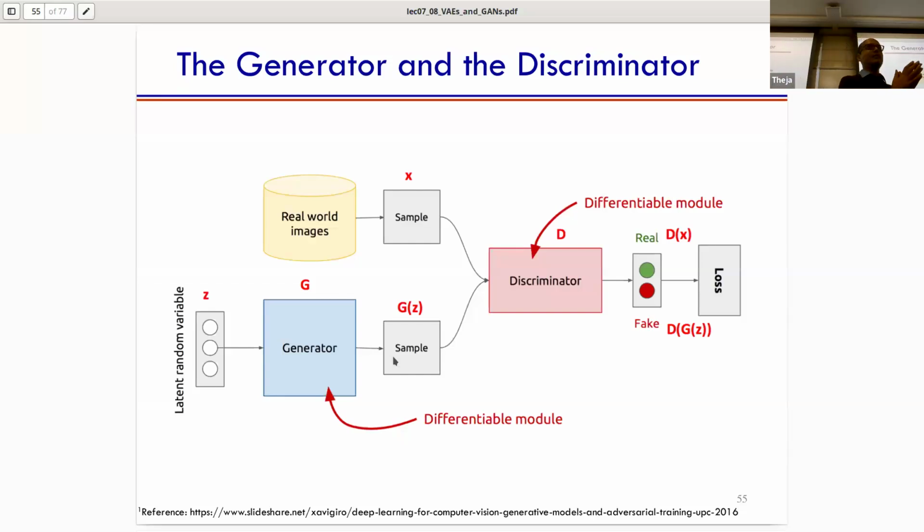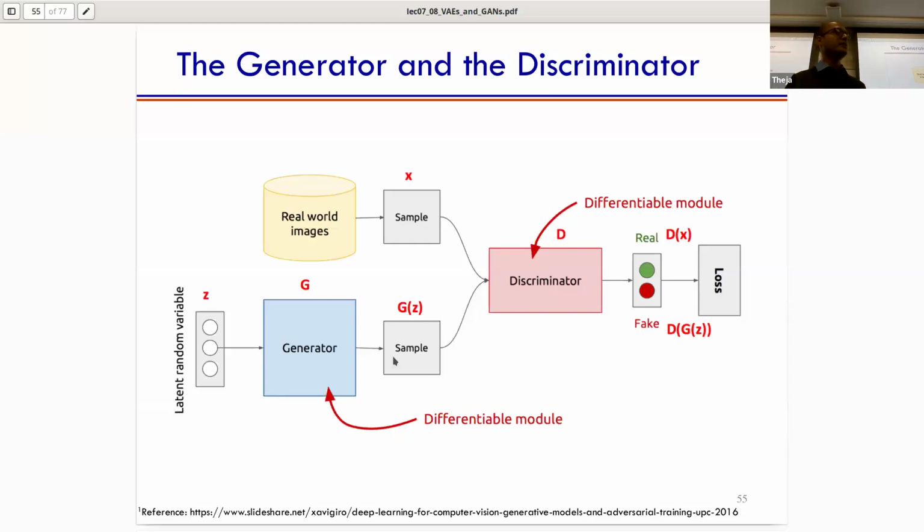In VAEs, we were given X as the training data and we were trying to reconstruct X itself during training. Here, the generator's job is just to generate realistic looking images, not something corresponding exactly. If I'm using CIFAR10 and I give an image of an airplane, it's not like the generator is trying to create an image of an airplane. There's no synchronicity or coordination like that.